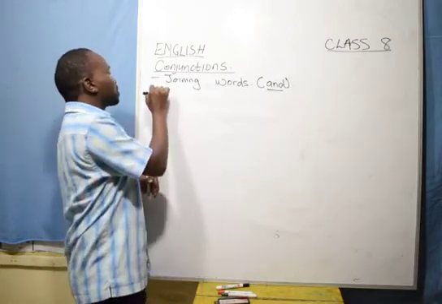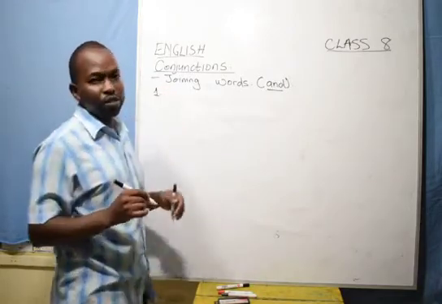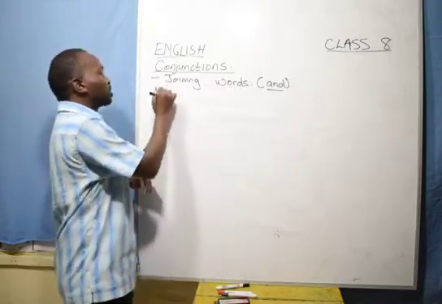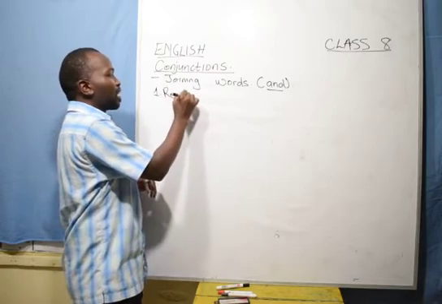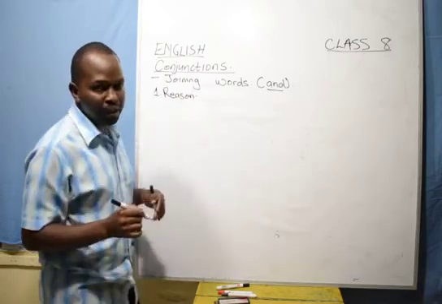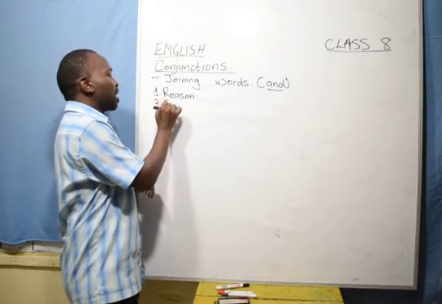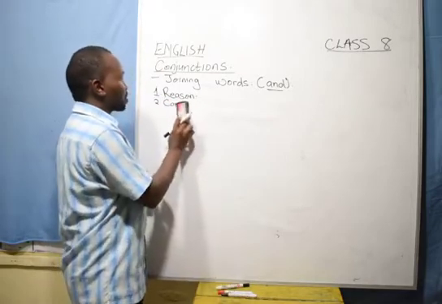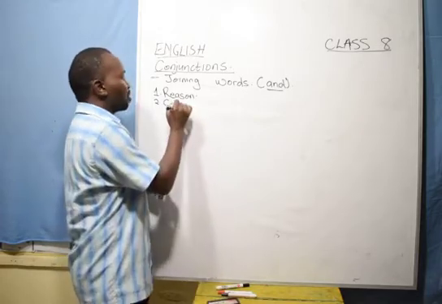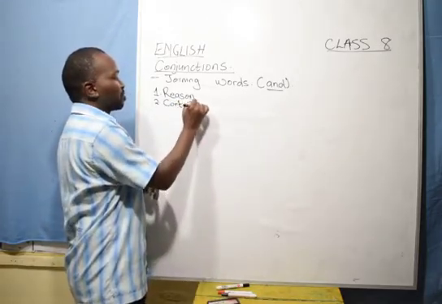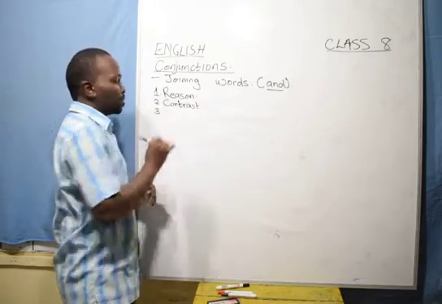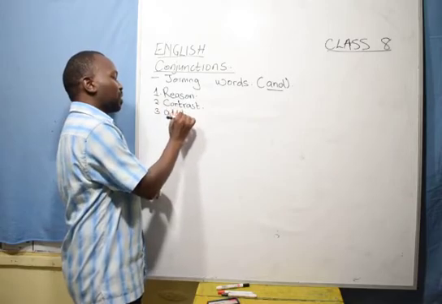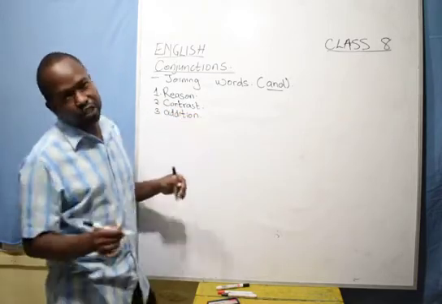Now, conjunctions are grouped depending on how they are used. We have conjunctions of reason. Number 2, we have conjunctions of contrasts. Number 3, we have conjunctions of addition.